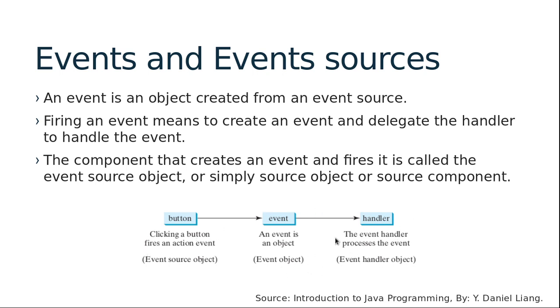This only gives you the example where if the user clicks on a button, then how do we handle that event? So your GUI part will have one button. Clicking a button will create one event. So this button becomes the source object for us. From this button, we will create one event object. Okay, and from this event object, we will create a handler also, which will handle that event. And handler is nothing but the code that we want to run once the button is clicked.